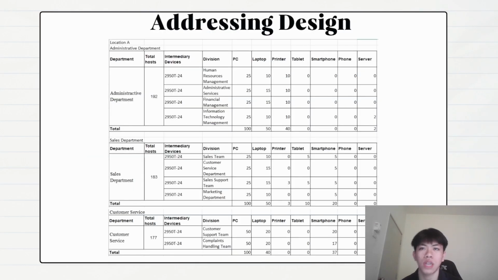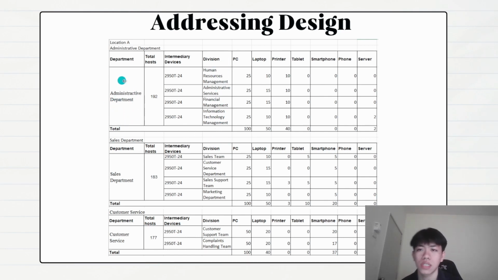So next, I'll be covering the addressing design. So the addressing design has information such as the department, total hosts, the network devices used, which sub-department, and the number of end devices such as PCs, laptops, printers, etc. that are required by each of these subdivisions.